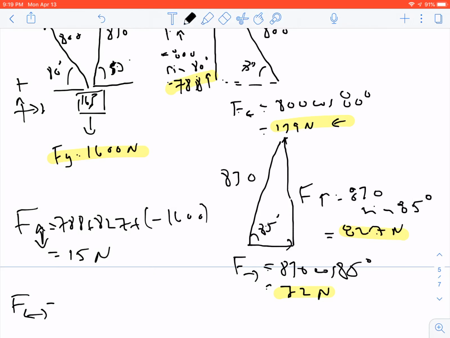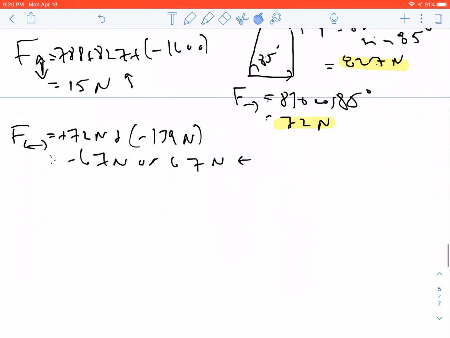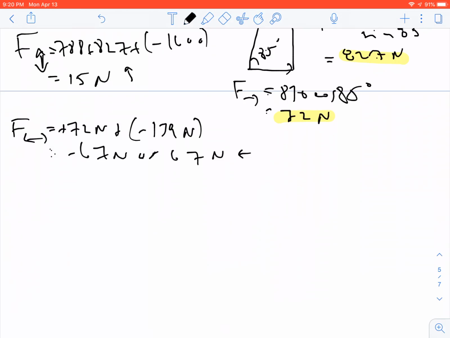So my net force is going to be plus 72 newtons plus negative 139 newtons, which equals negative 67 newtons, or 67 newtons to the left. So I have 15 newtons up, 67 newtons to the left. Okay, let's take that information now and let's solve our answer.